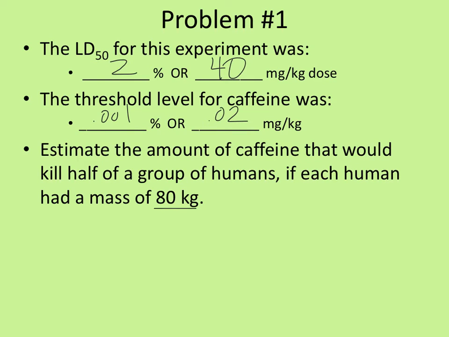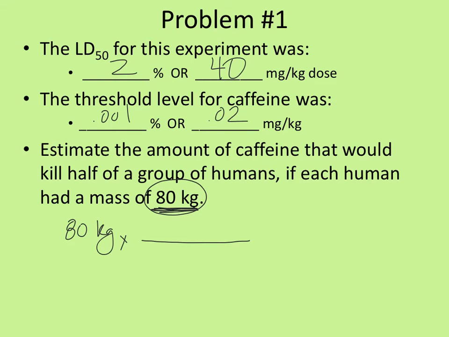Now, how do you use this to make an estimation about how it affects humans? Well, for humans, we figure out the mass, so you can only do it for a particular set of mass. So we're saying that this group of humans weighs 80 kilograms, and we want to know how much caffeine it would take to kill half of a group of people in that age class or weight class.